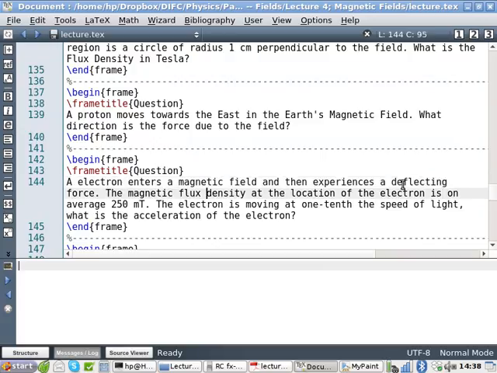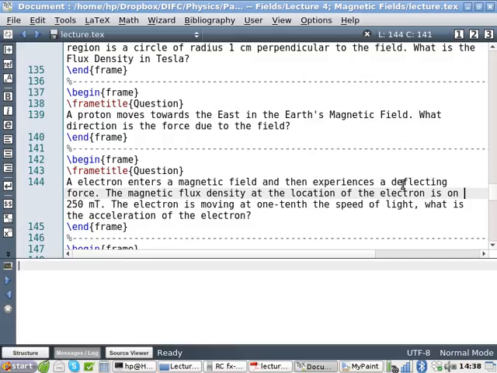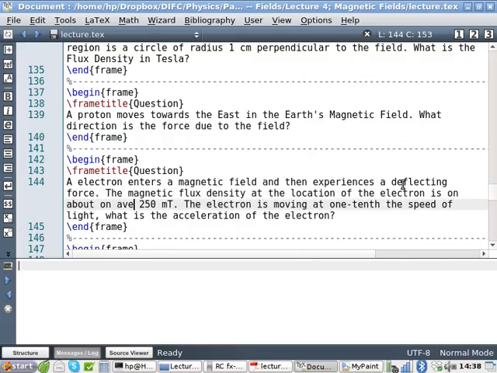The magnetic flux density at the location of the electron is, on average, 250 millitesla.